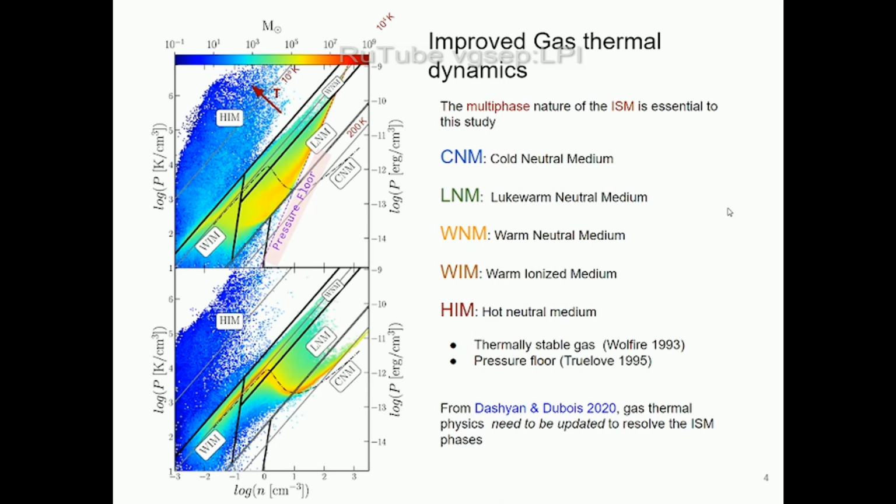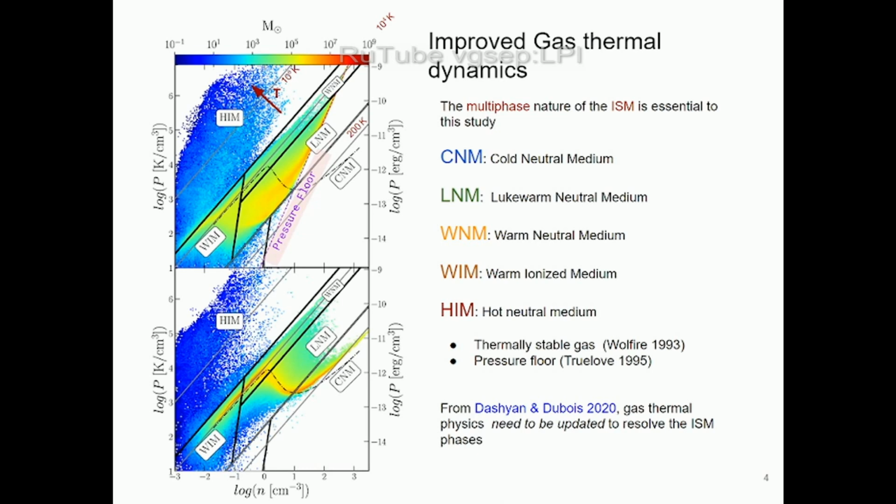The result is that you're not creating the cold neutral phase. What I'm showing you here is the pressure and density, a 2D histogram of the galactic gas. By imposing this pressure floor, you're erasing the cold neutral medium, which is where the stars are born. So you're making simulations that form stars in odd places.